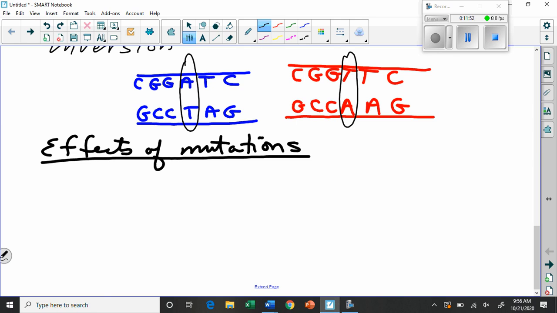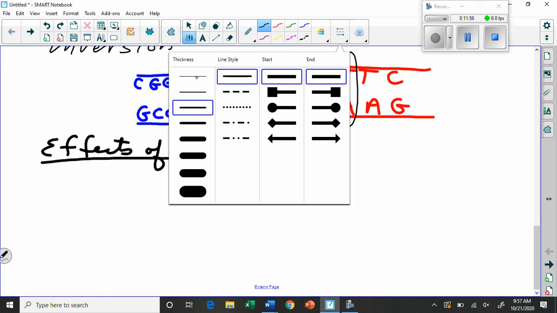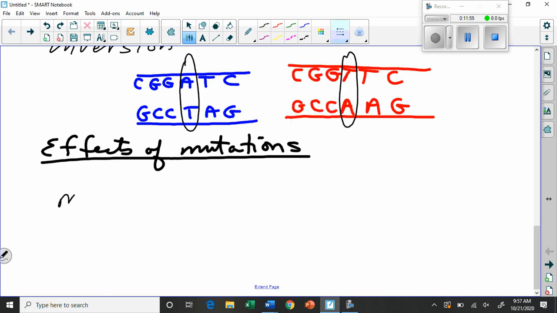So the first sort of effect is what we call a missense mutation. Let me go back to my missense mutation.